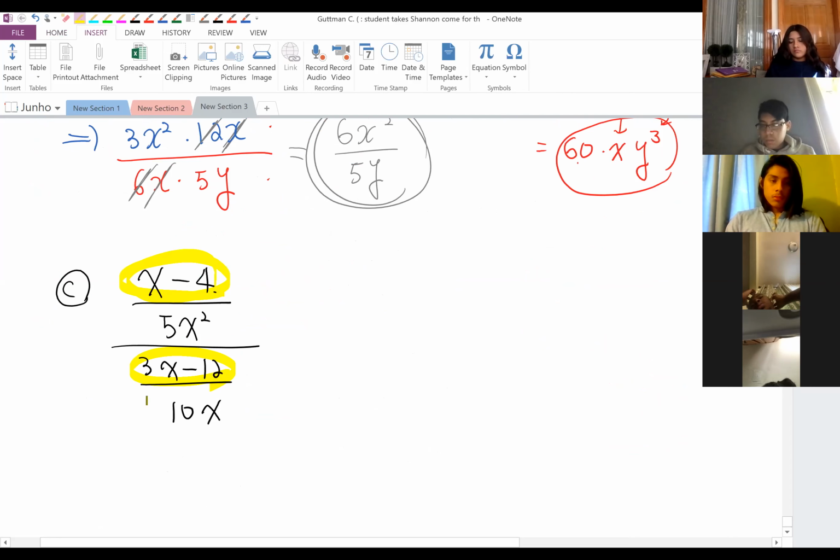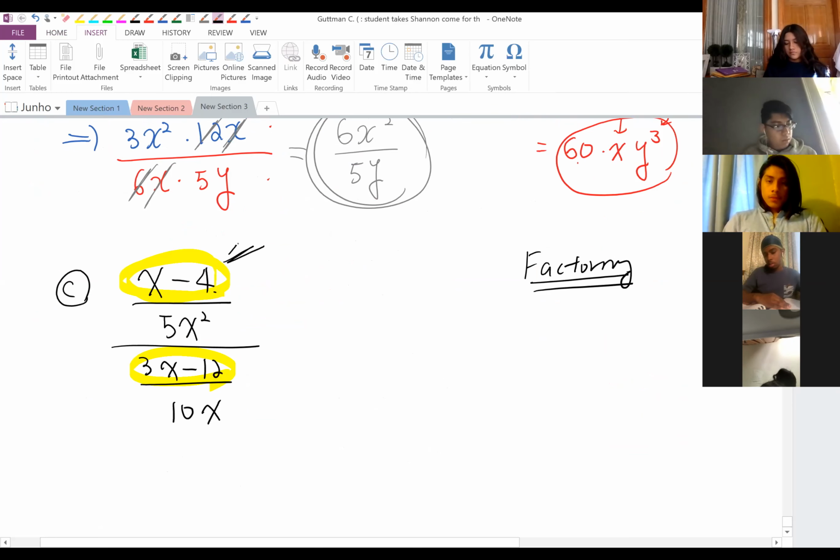So whenever you see binomial or polynomial, then you need to factoring first. Okay. So as you see this one and this one, you need to do factoring. So x minus 4 is just prime factor, so we can rewrite x minus 4. And then 5x squared.